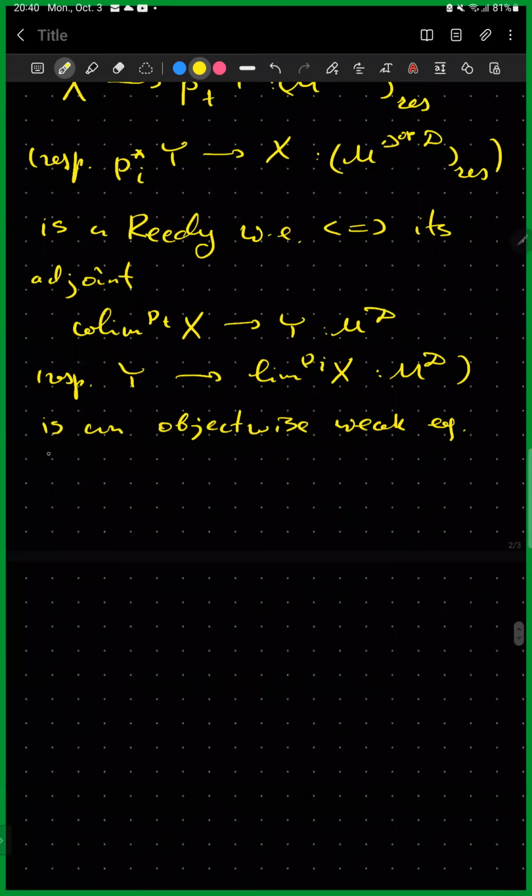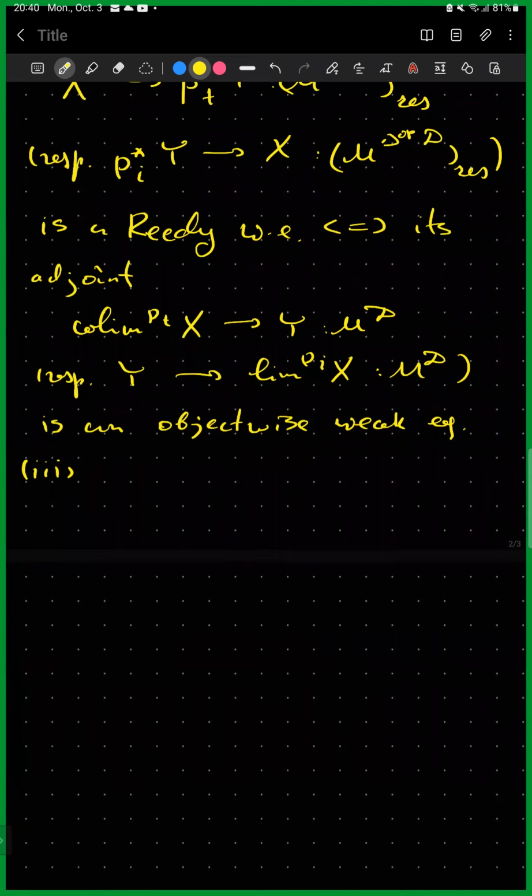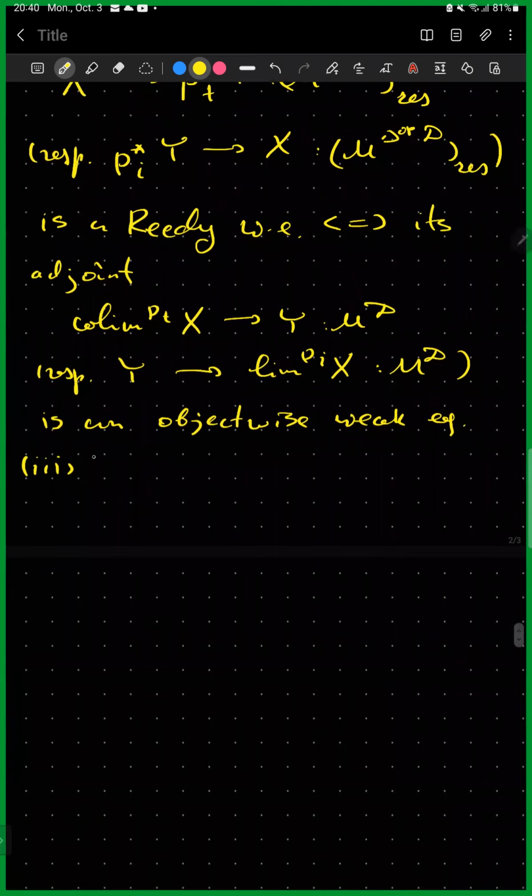And hence, as we explained when we discussed the condition for deformable adjunctions, these functors are inverse homotopical equivalences of homotopical categories.